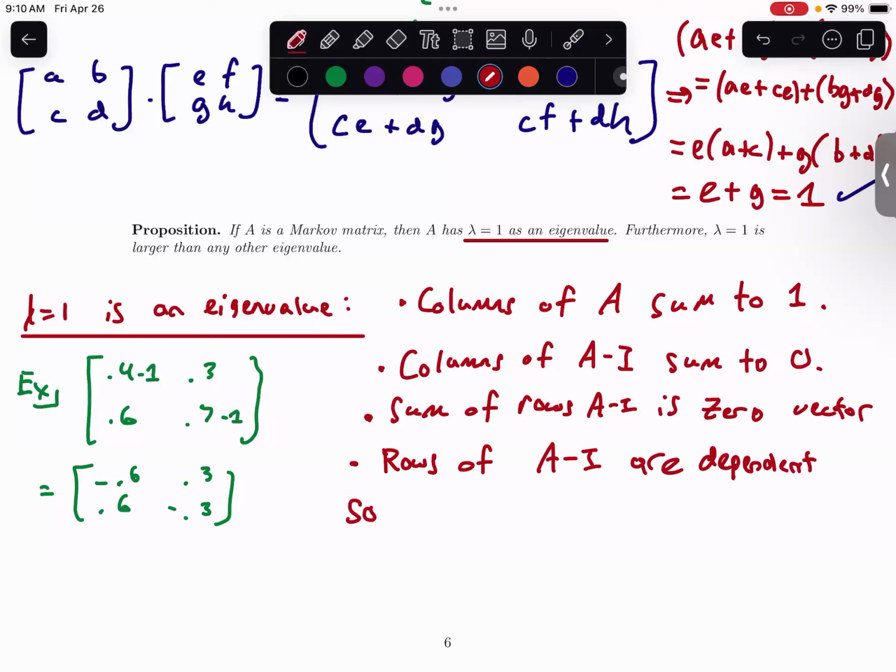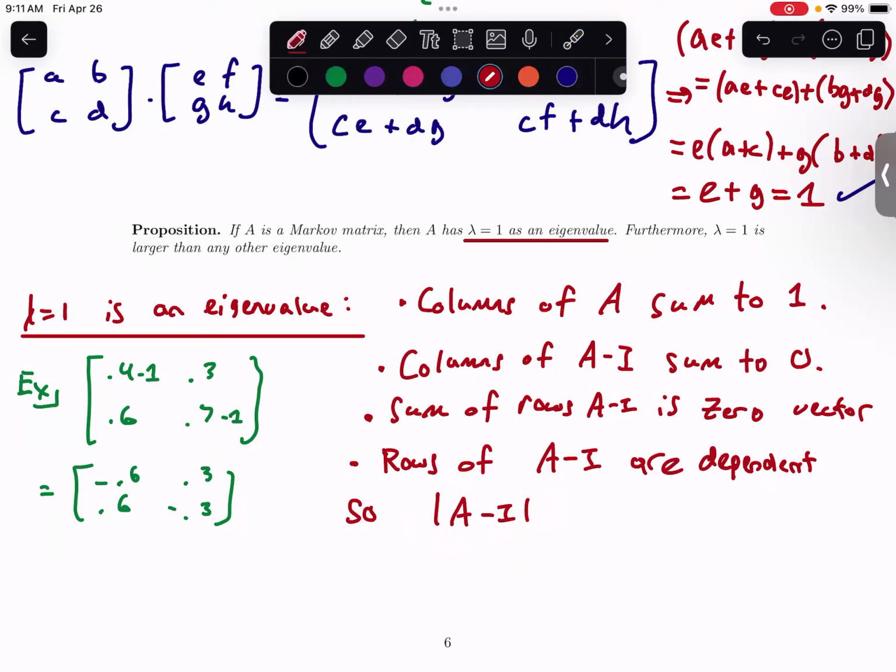And so if we know that the rows of A minus I are dependent, what does this say about the determinant of the matrix? If we have dependent rows and we take the determinant of that matrix, what does the determinant end up being? 0. Yeah, it just ends up being equal to 0.